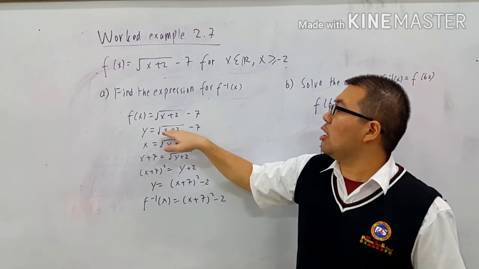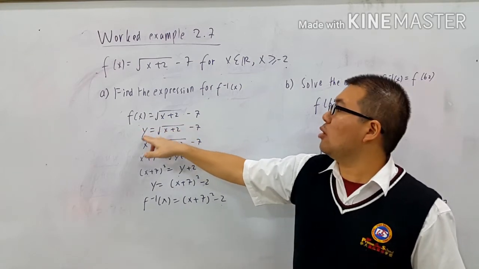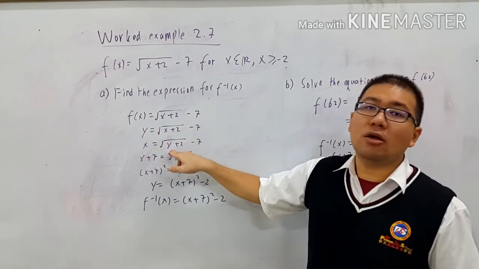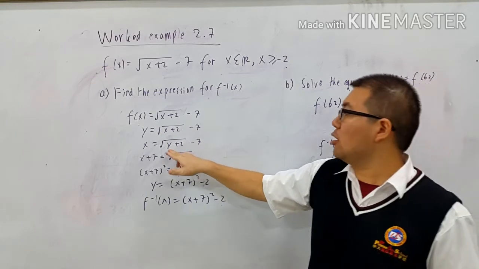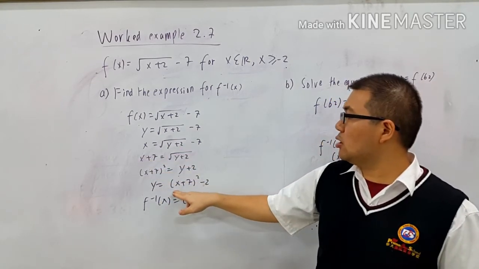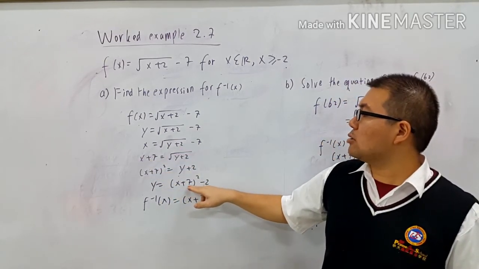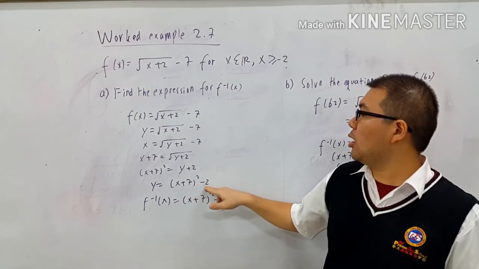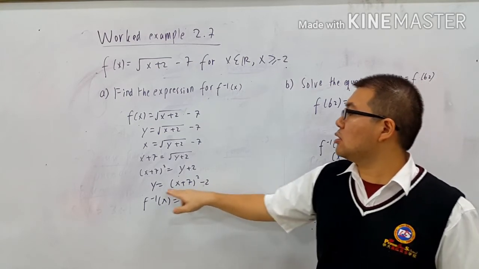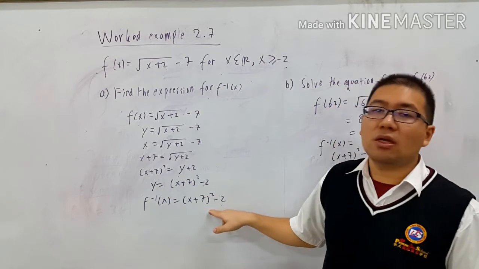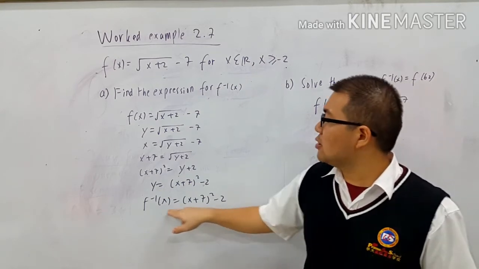And then please change this y to become x and the x to become y, and make y the subject. And as we make y the subject, we get (x plus 7) all squared, minus 2. Alright, so this is actually our inverse function.